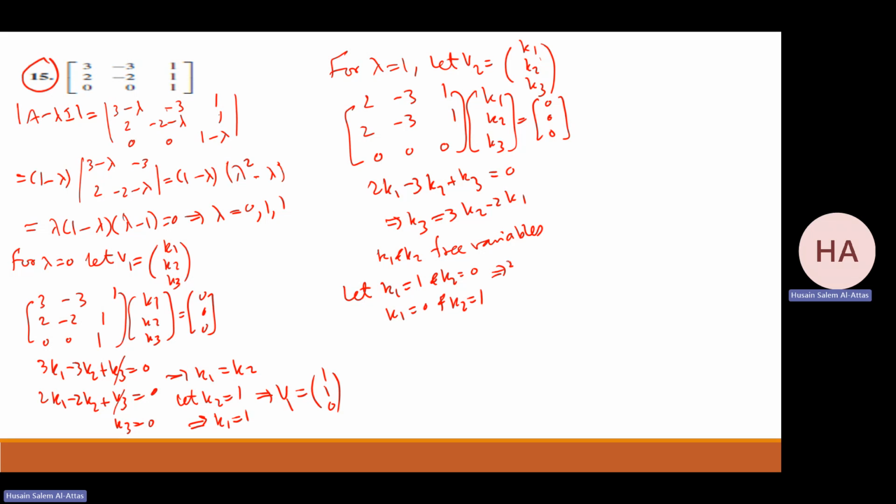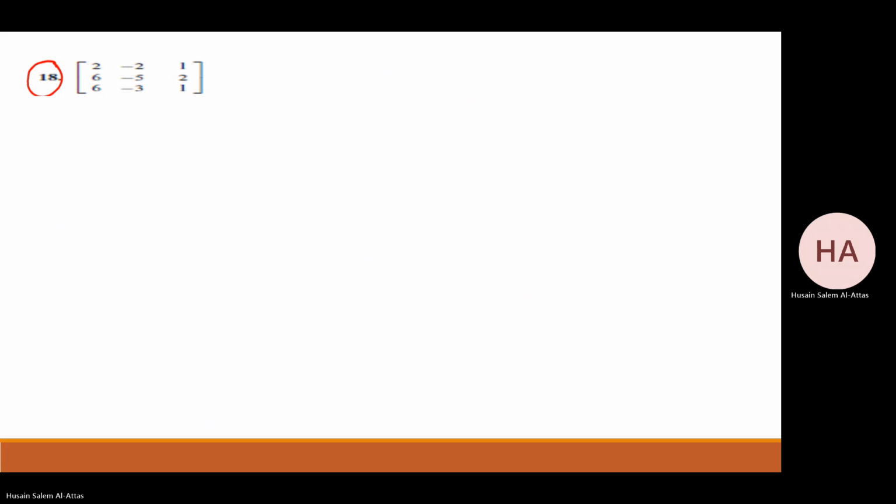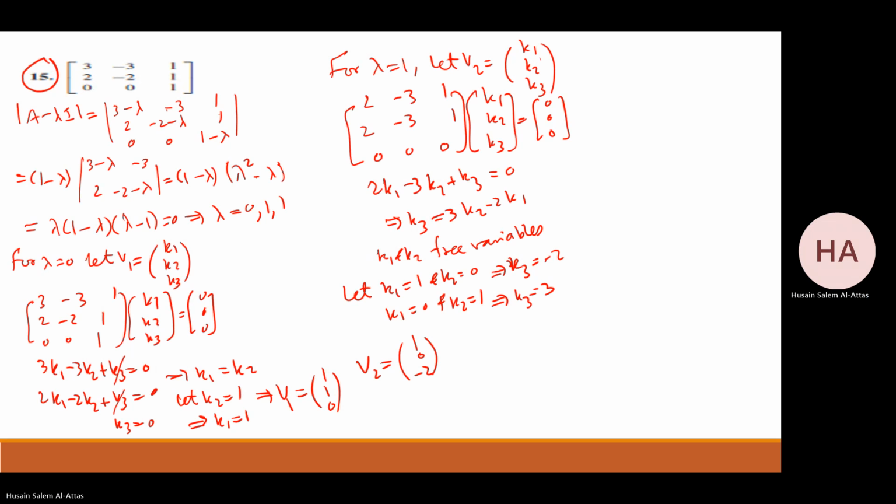What will be K3 in this case? K3 will be minus 2, and in this case K3 will be 3. So V2 will be 1, 0, minus 2. And V3 will be 0, 1, 3. Yeah, okay.